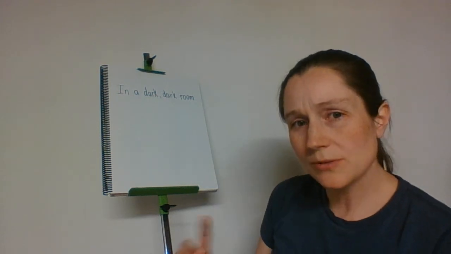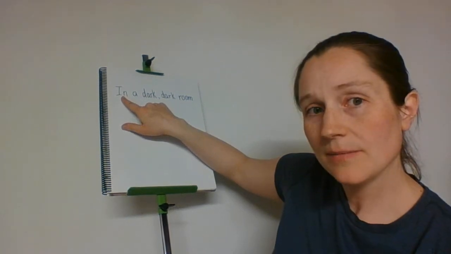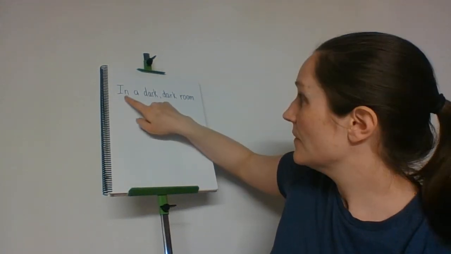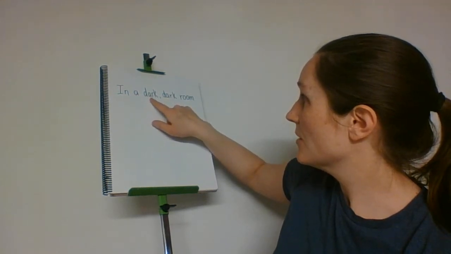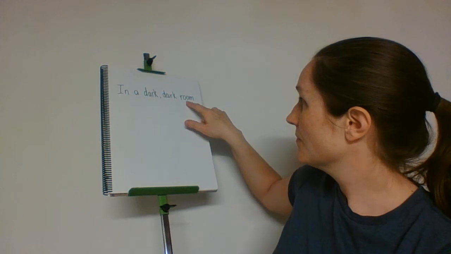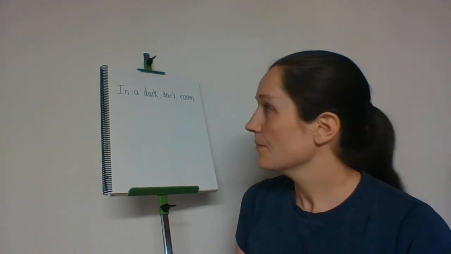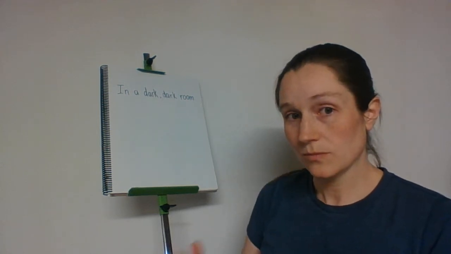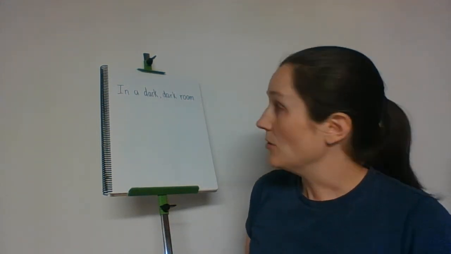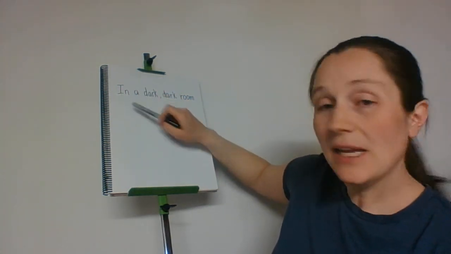So, when I was reading the story, I was following along with my finger, wasn't I? From word to word. In a dark, dark room. And an easy way to tell if there's a word, or if you're in the middle of the word or not, is that at the end of the word, there'll be a space.